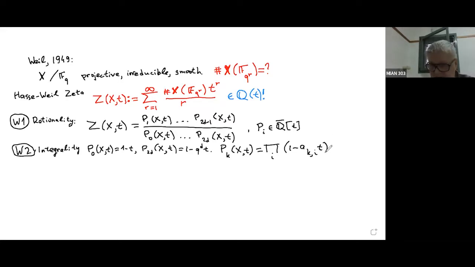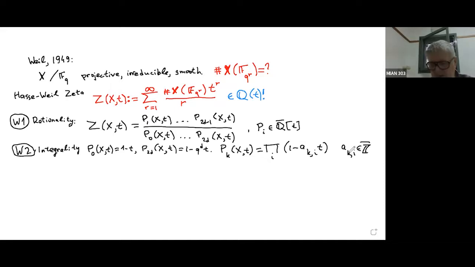So it is factored into linear factors, and all the anti-roots of our polynomials are algebraic integers.